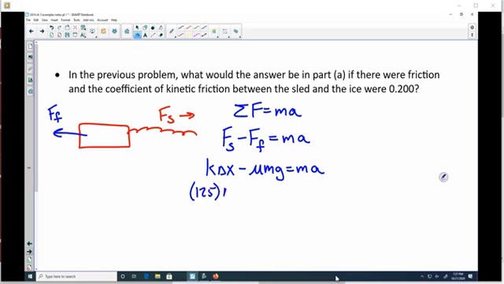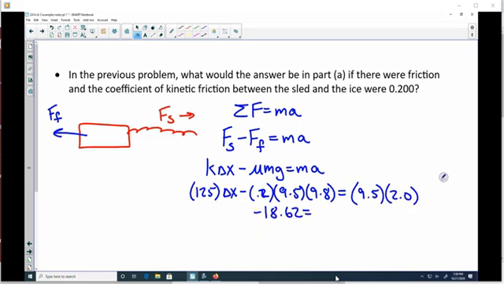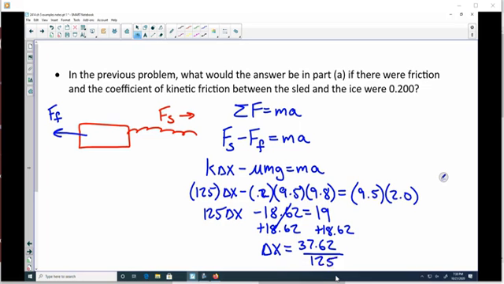So we know everything in this equation except for how much the spring is stretched. And we find the spring would stretch 0.30 meters, or 30 centimeters.